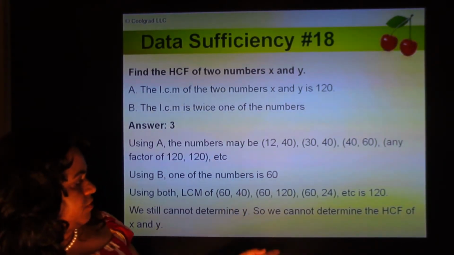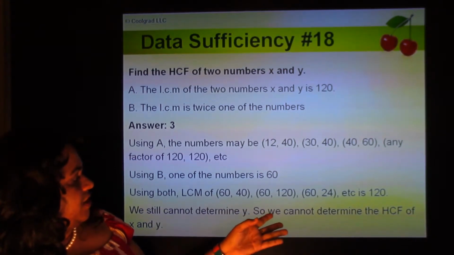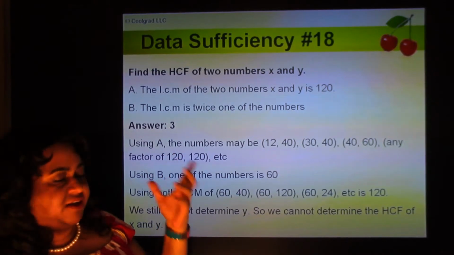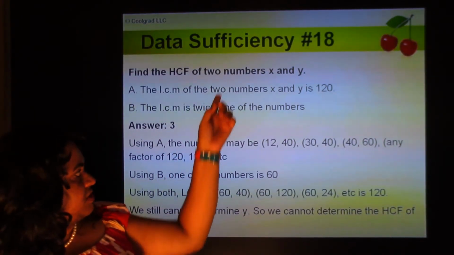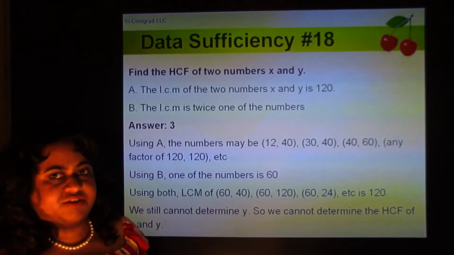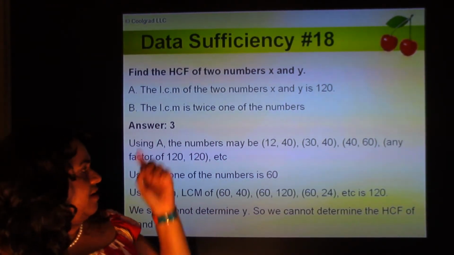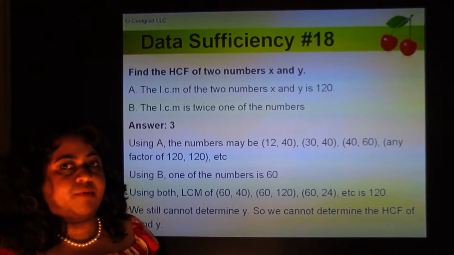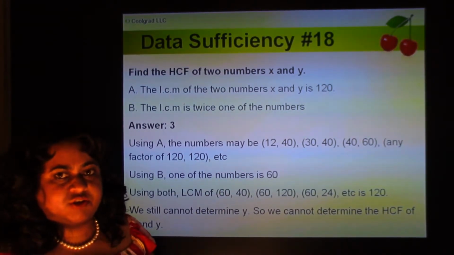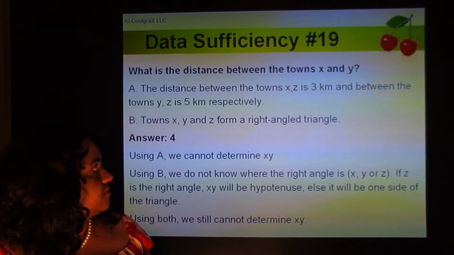So even using both the statements together, we cannot determine the HCF of X and Y. I'm sorry, it says 3 here, but actually the answer is 4. So it means both the statements are insufficient. So there's a mistake here, the option is 4. So question number 18, answer 4. I'll make a note to change it in the PowerPoint. So both the statements together are not sufficient to answer this question.